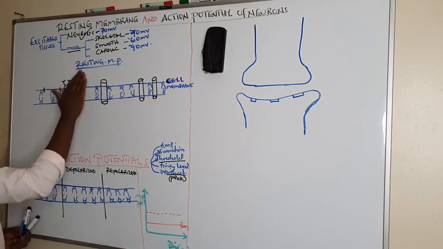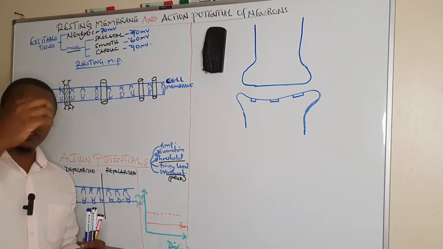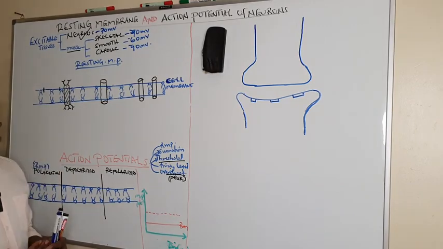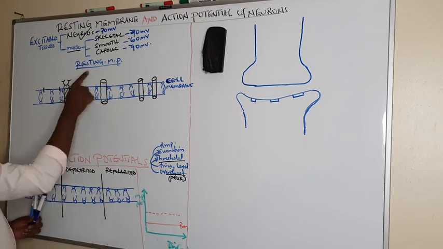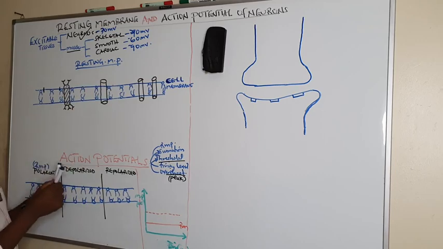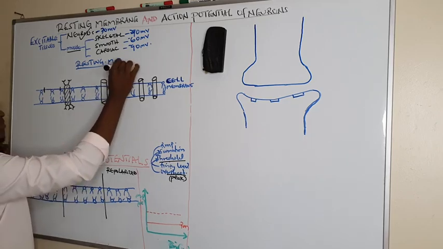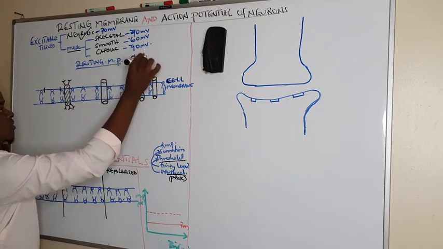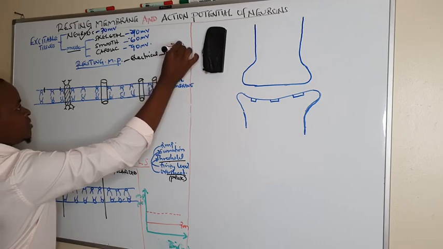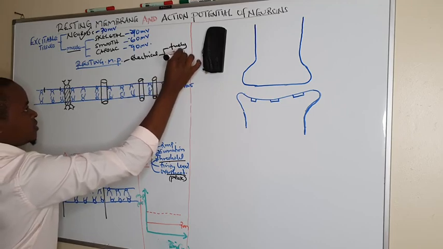So it is very important to know the resting membrane potentials of different excitable tissues. And this resting membrane potential, the word comes from resting. The cells are not transmitting any impulse. They are at rest. The resting membrane potential is whereby, when the cell is at rest, the electrical charges outside are positively charged and inside negatively charged.